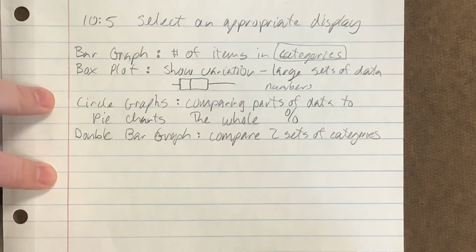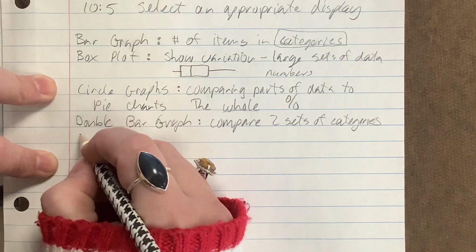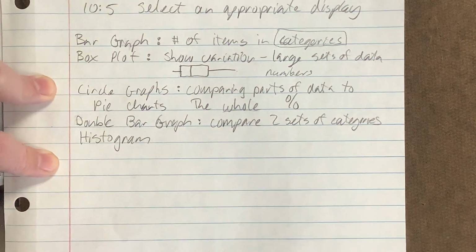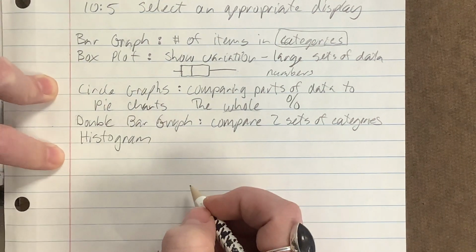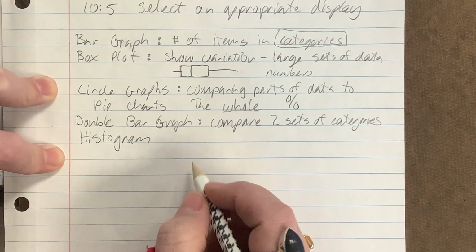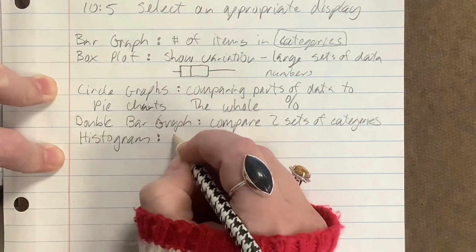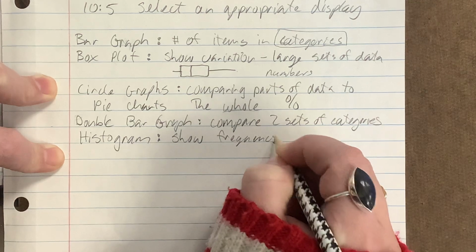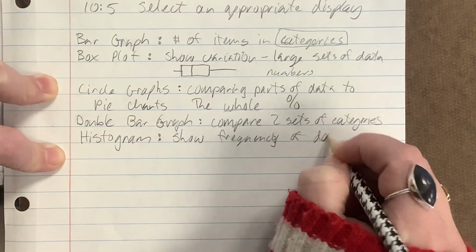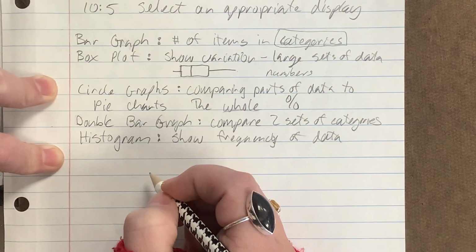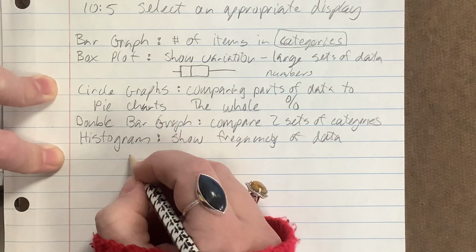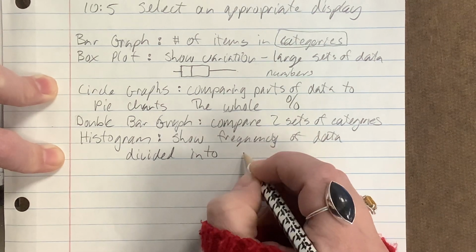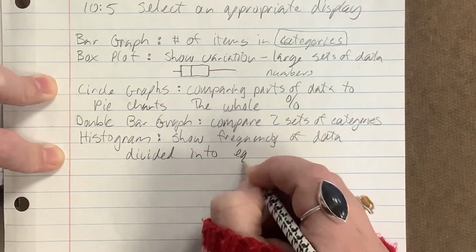The next one is a histogram. Okay, histograms show frequency of data divided into equal intervals.